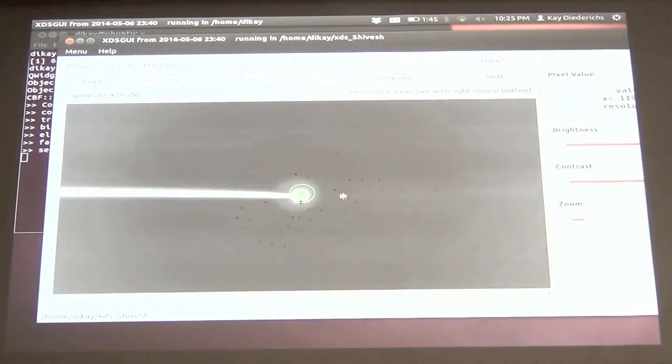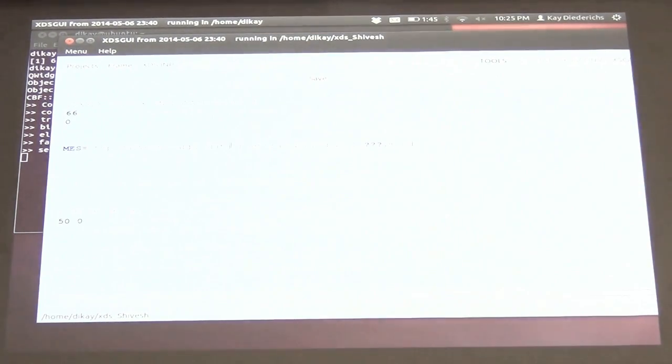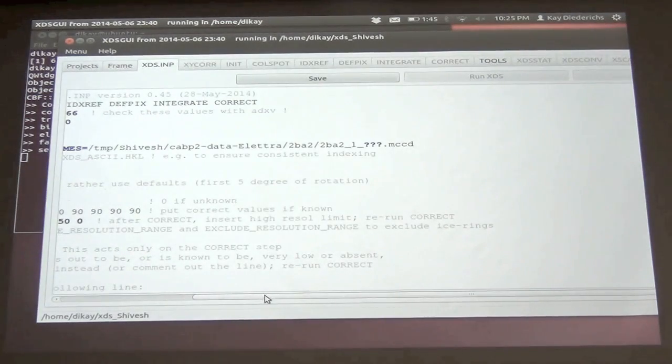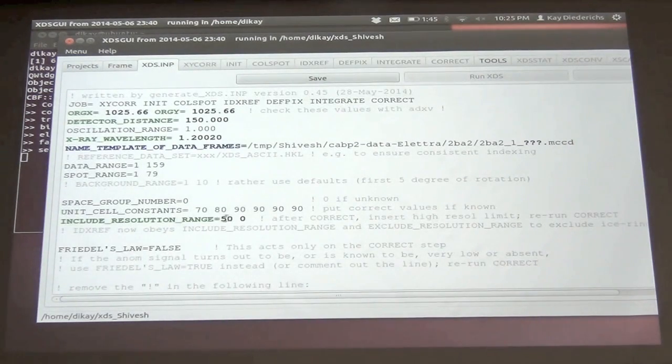Now what I don't like here, I have to do something manually. I have to mask the beamstop, as you see. The green circle represents the 50 angstrom resolution circle. 50 angstrom is just the default, shown here in this green line, 50 to 0. 0 means the whole detector essentially, but it starts as 50.